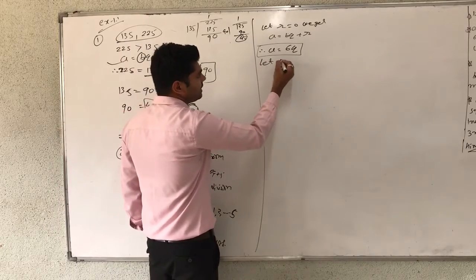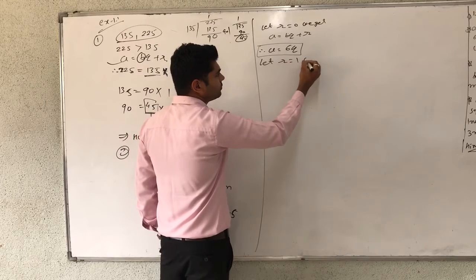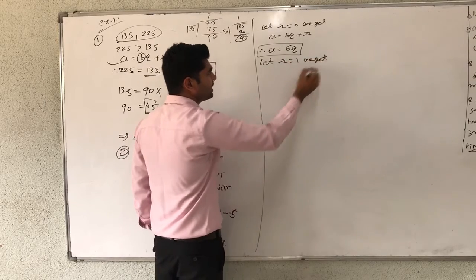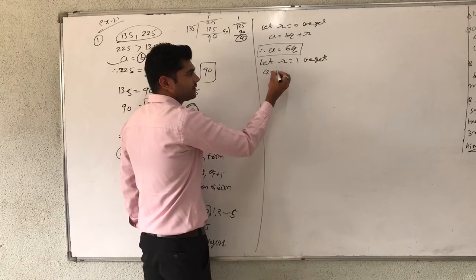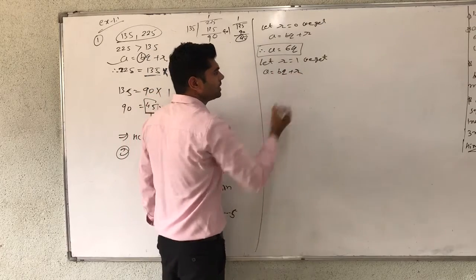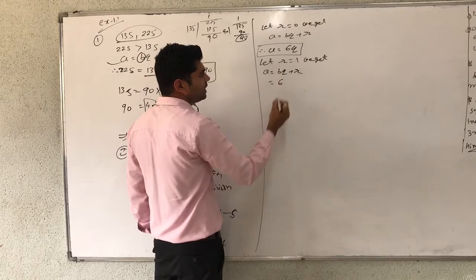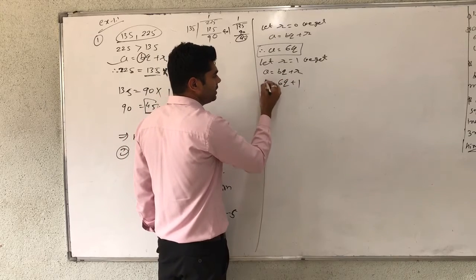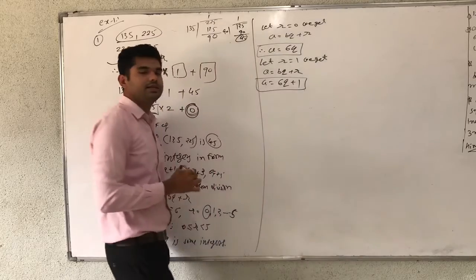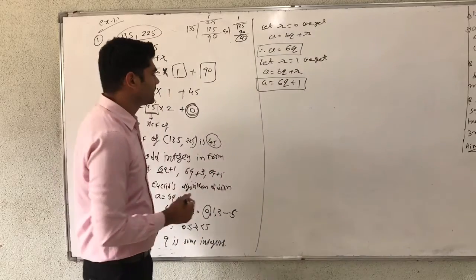Now let r equal to 1, we get a is equal to bq plus r. The value of b is equal to 6, q as it is, plus the value of r. Therefore the answer is 6q plus 1.